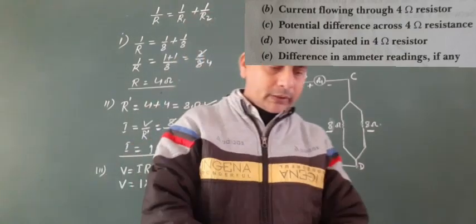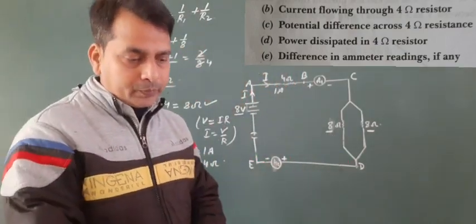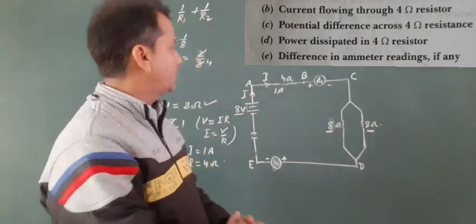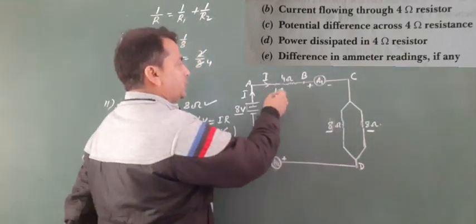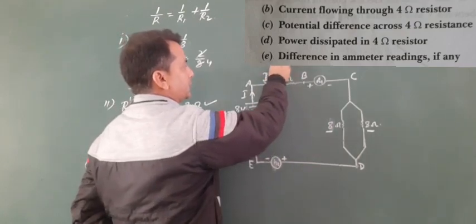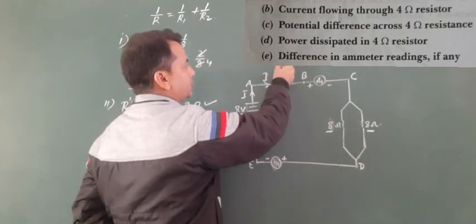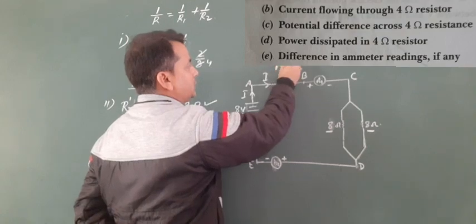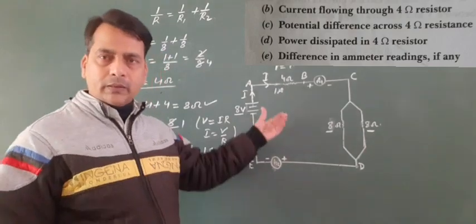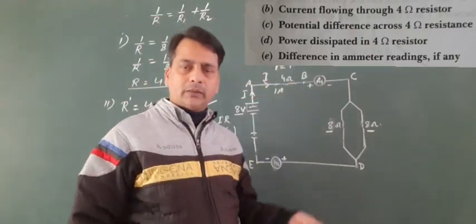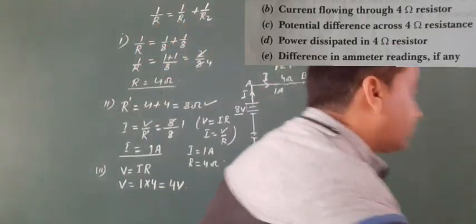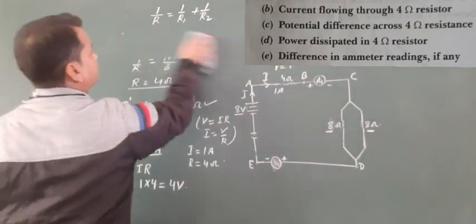Now the next question is the power dissipated in the 4 ohm resistor. So in this circuit, what is the power in the 4 ohm resistor? Power P, what is the value of P in the 4 ohm resistor?